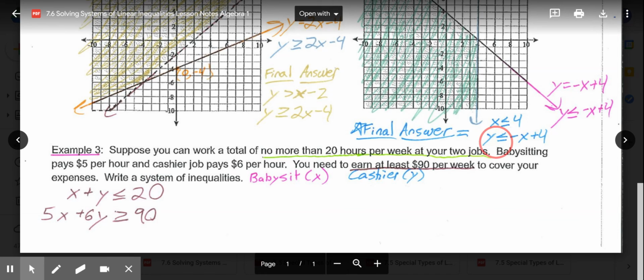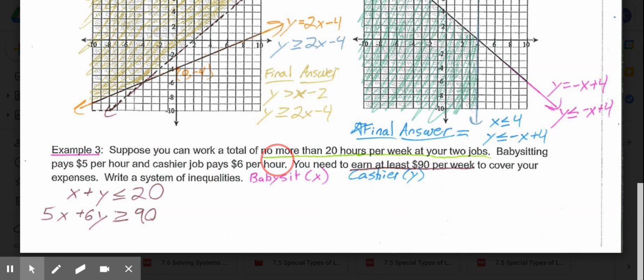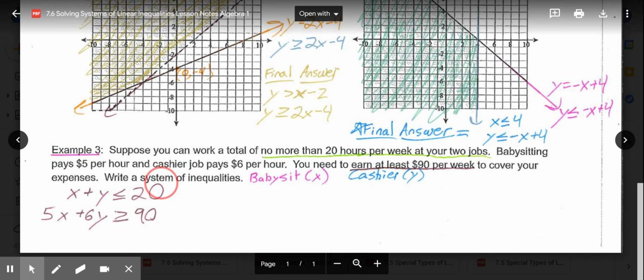Then it says babysitting pays $5 per hour. Cashier job pays $6 per hour. We need to earn at least $90 per week to cover expenses. Write the system of inequalities. So if babysitting was x, cashier was y, x plus y is less than or equal to the 20 hours that we can work total.